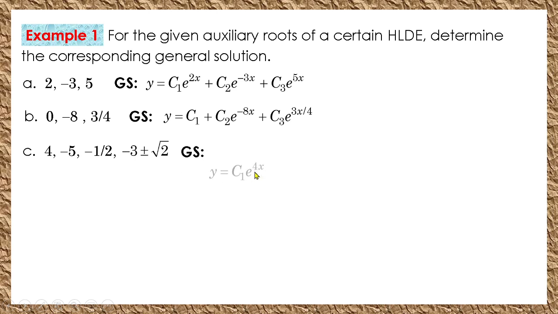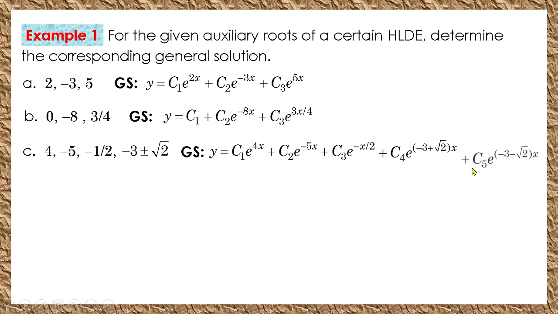So for the first term, c sub 1 e to the 4x plus c sub 2, second term, e to the negative 5x, c sub 3 e to the negative 1/2 of x, or negative x over 2, plus c sub 4 e to the negative 3 plus square root of 2 multiplied to x, and then the last term, c sub 5 e to the negative 3 minus square root of 2 multiplied to x. Okay? Can you follow, guys?